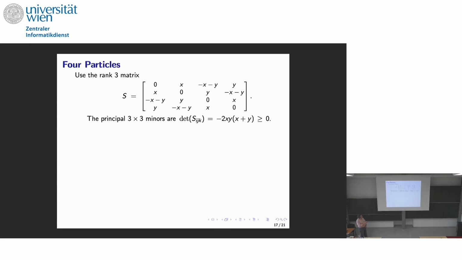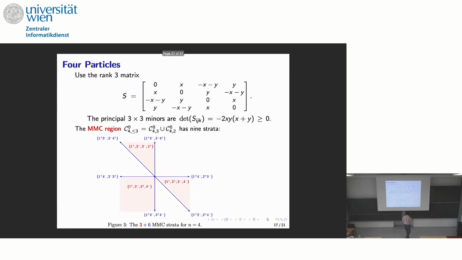Well, of course, the 1 by 1 minors are manifestly non-positive. Then the 2 by 2 minors are non-negative. The 2 by 2 minors are like x squared, so they are manifestly non-negative. And the 3 by 3 minors factor into linear factors. So this determinant is this thing, and this is supposed to be non-negative.